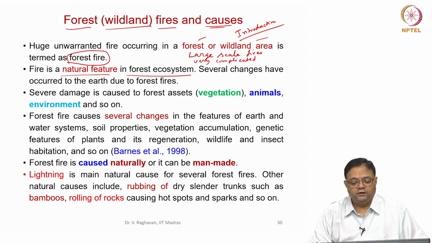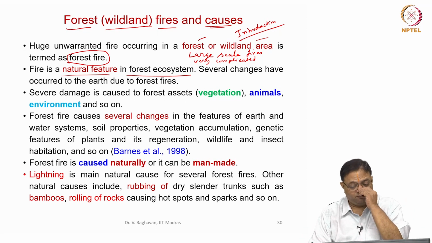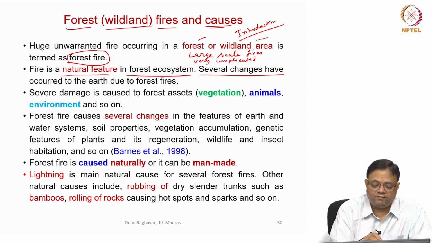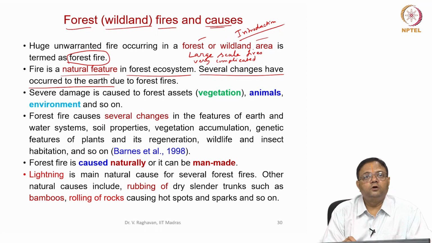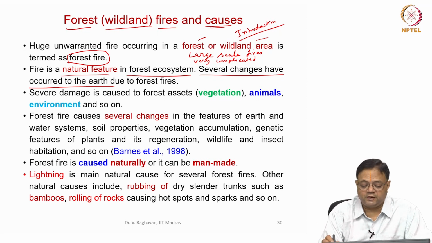And they are very huge, they remain for several days, and this is actually naturally occurring in several cases. And due to this, several changes have occurred to the earth because of the destruction of the vegetation, emissions which are emitted, and so on. Basically, the atmospheric conditions have changed.